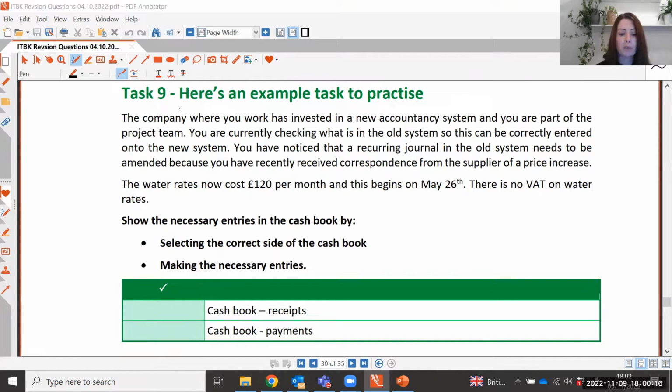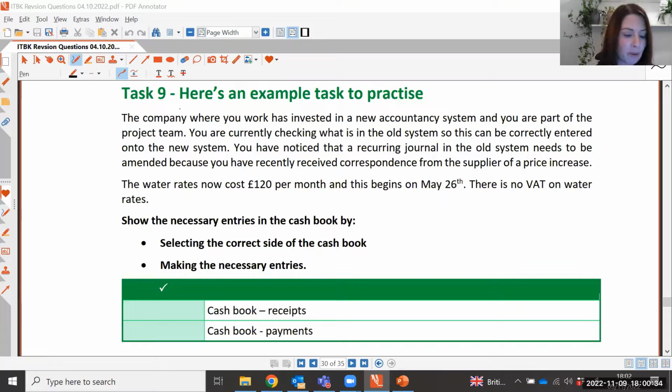You are currently checking what is in the old system, so this can be correctly entered into the new system. You have noticed that a recurring journal in the old system needs to be amended because you've recently received correspondence from the supplier of a price increase.